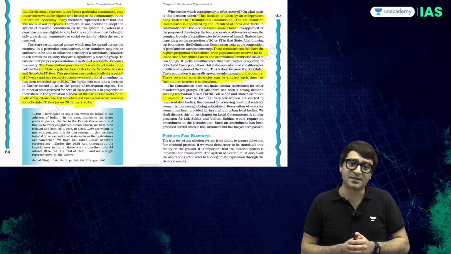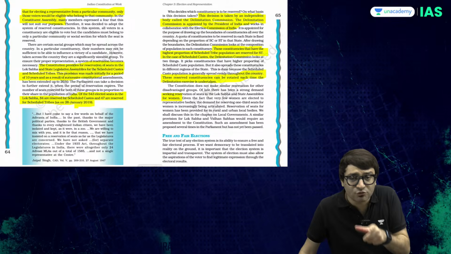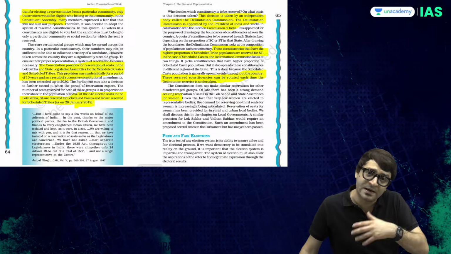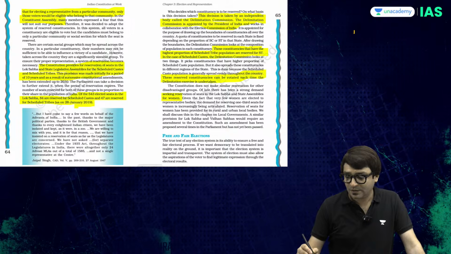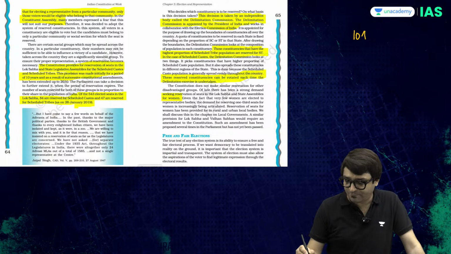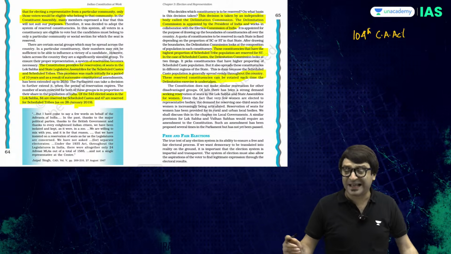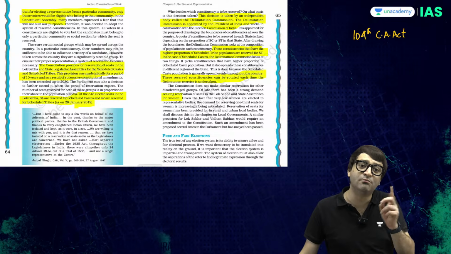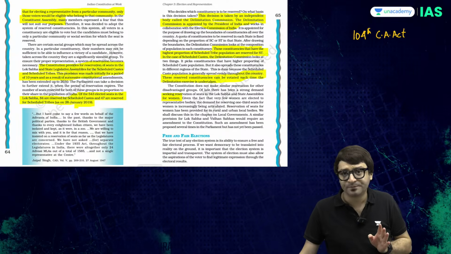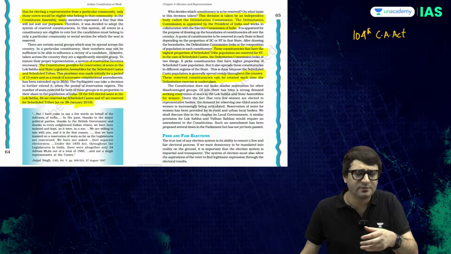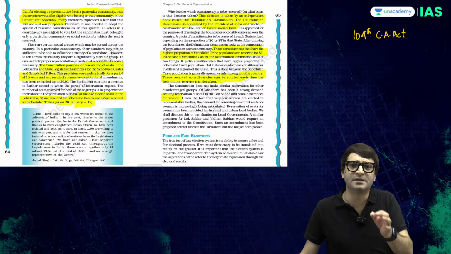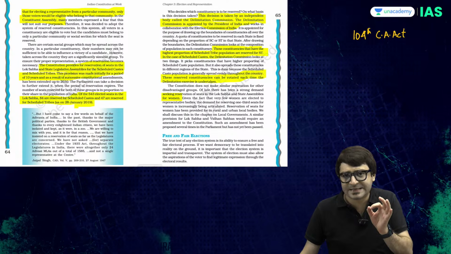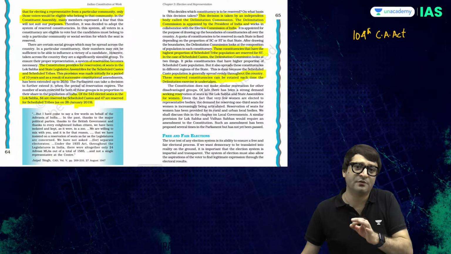And this reservation was to end in 2020. In 2020, Parliament amended the Constitution again through the 104th Constitutional Amendment Act and extended this political reservation for SCs and STs for 10 more years, till 2030. We'll have to wait and watch in 2030 whether the Parliament would further extend this political reservation for SCs and STs.